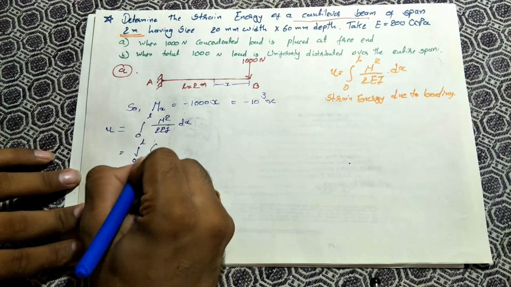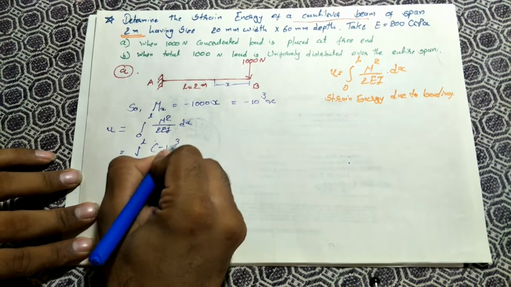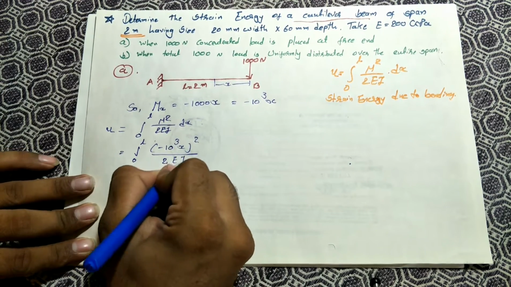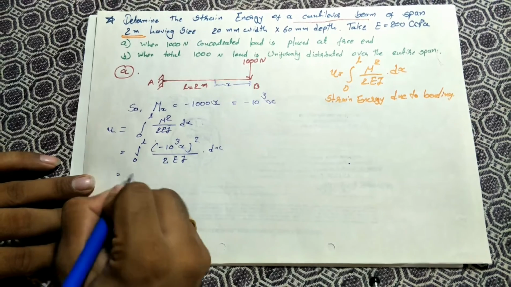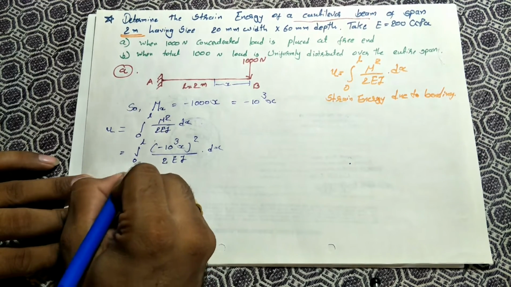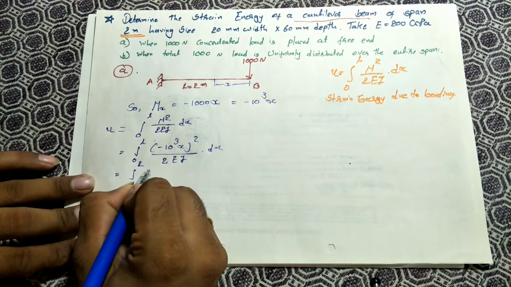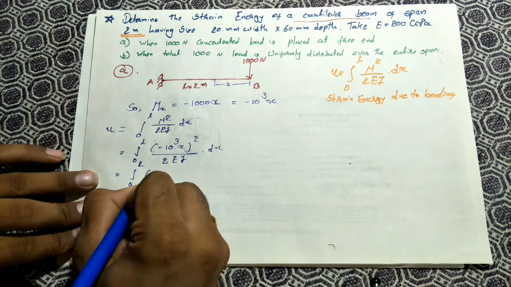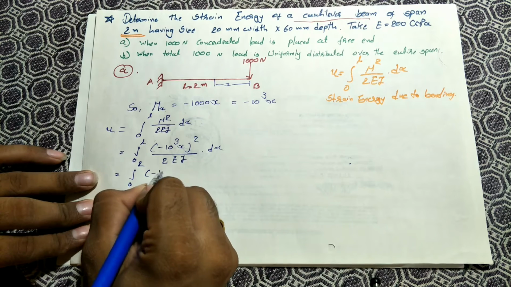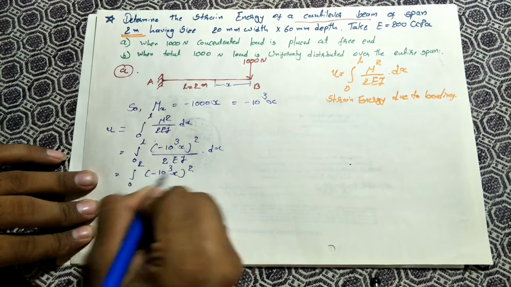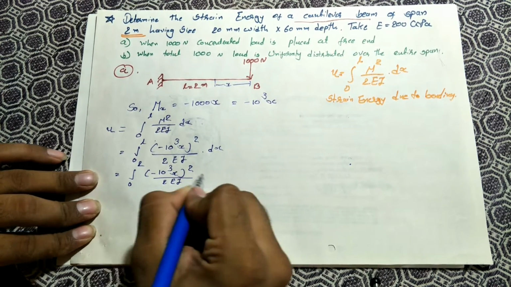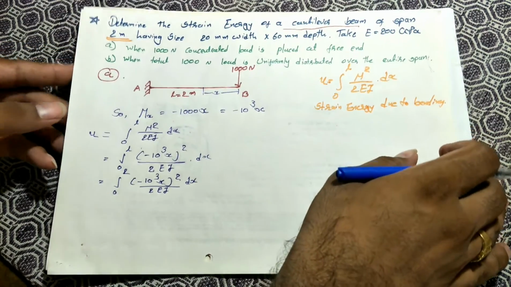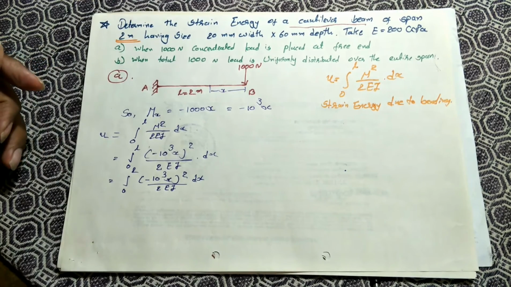So this is 10 cube square into x square divided by 2 EI into dx. If you put the limits 0 to 2, this is again x square divided by 2 EI dx. Now this is just an integration, your mathematical solution.